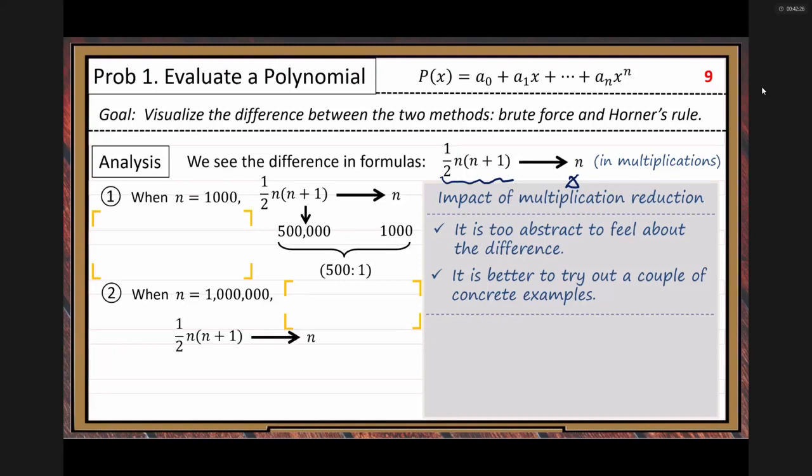This time, with the new method, we need 1 million multiplications. But the old method, after you plug in, here we still use approximation, what we have is this large number. Can you tell me how large is this number? Can you give me a name for this number?